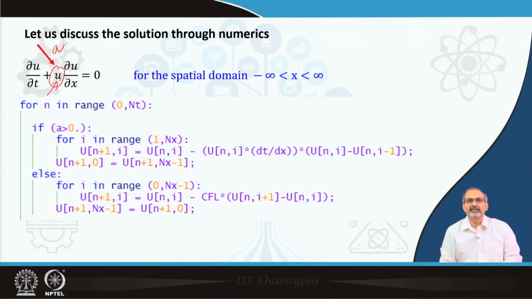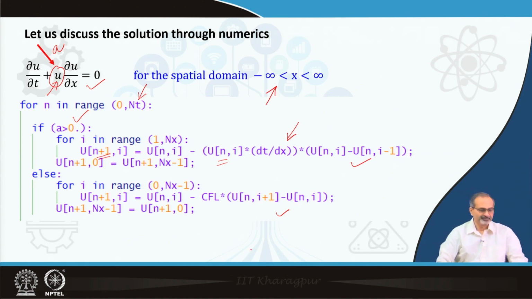So, here you see again that the spatial domain spans from negative infinity to positive infinity, and you are going to march it over n t number of time steps, and you are going to discretize this equation and implement the solution over here for a greater than 0, or otherwise you have two sets of statements defined over here, and how you are going to update the solution from the nth time step to the n plus 1th time step. So, again a few lines of Python program which should help you understand how the solution progresses over time.